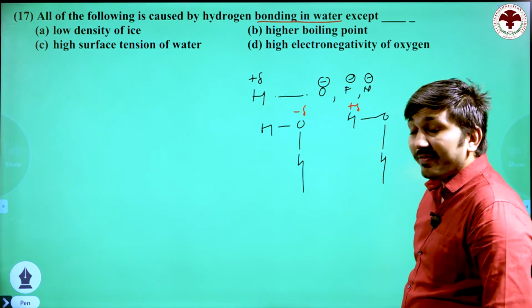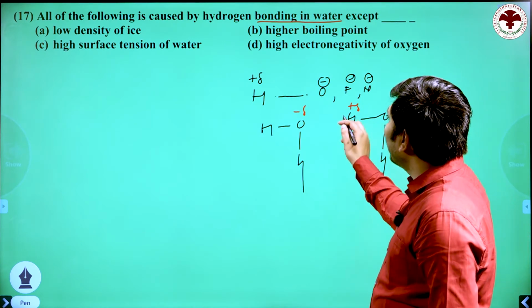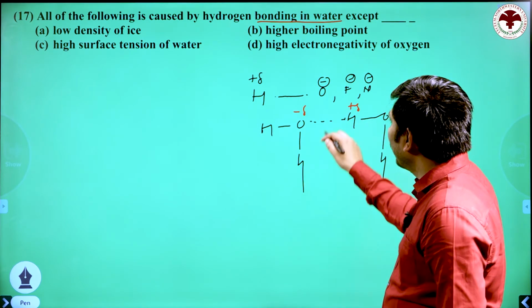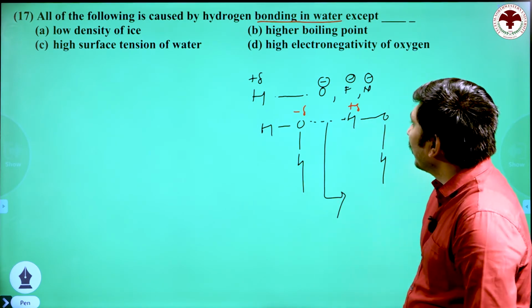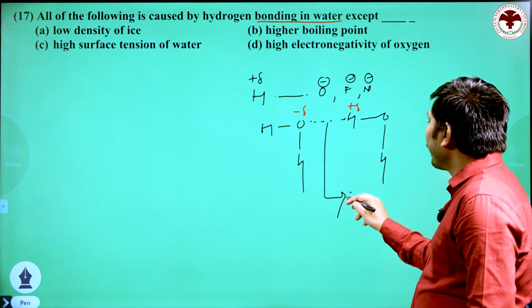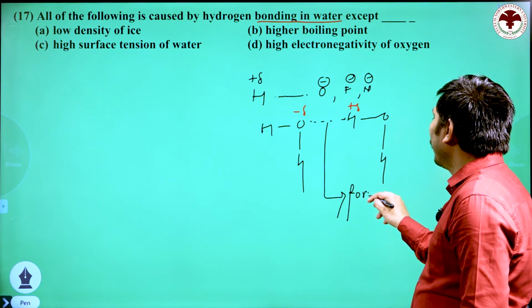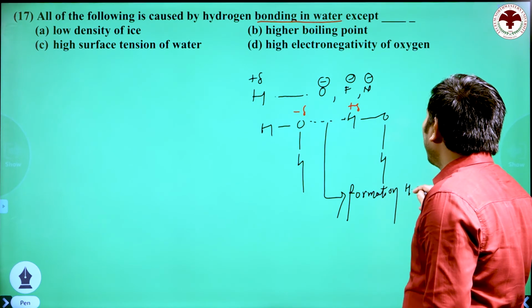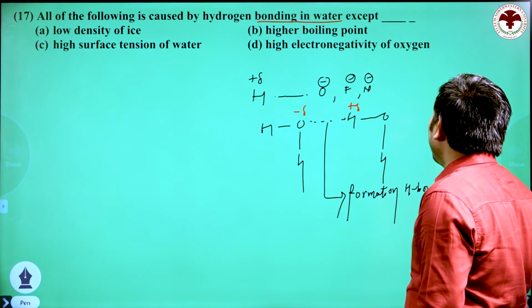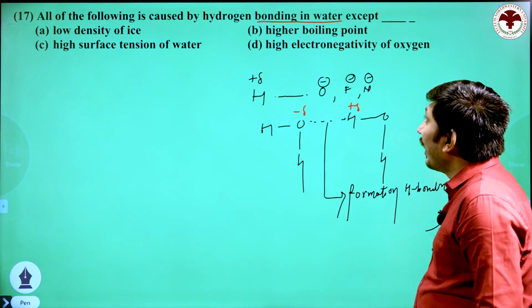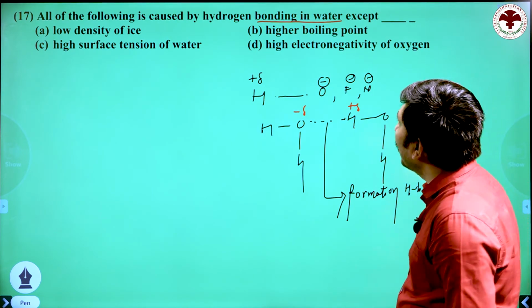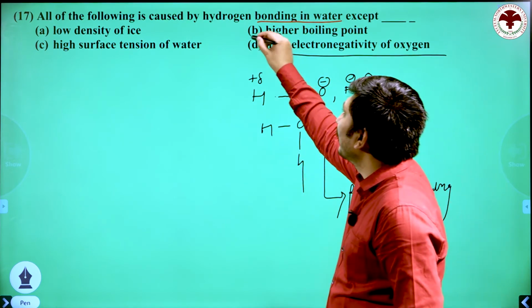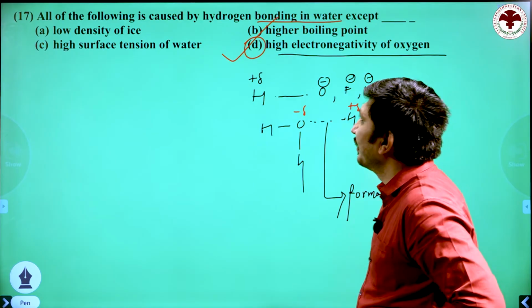So, according to the definition, positively charged hydrogen contacts the negatively charged oxygen, so we see the formation of hydrogen bonding. So it is simple. In water, hydrogen bonding is caused by the higher electronegativity of oxygen. So D is the correct option.